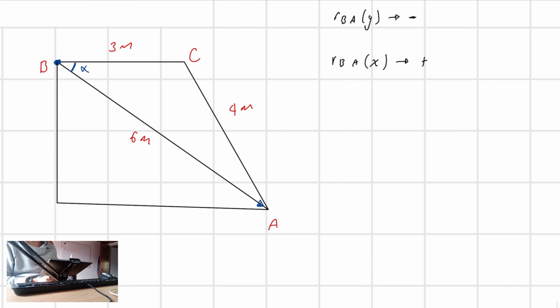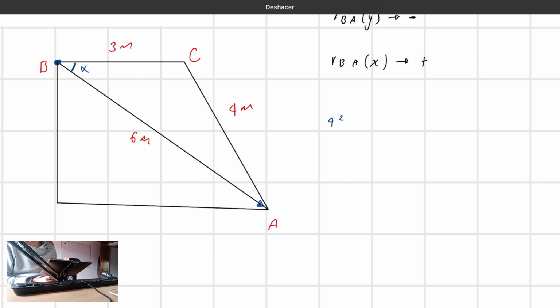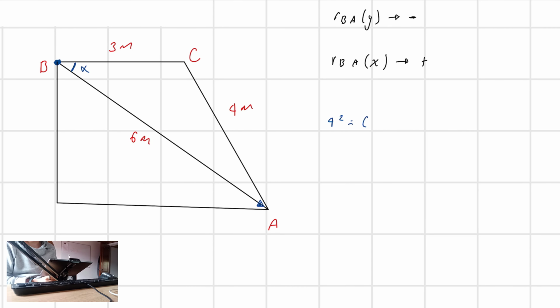Now 4 squared is going to be equal to 6 squared plus 3 squared minus 2 times 3 times 6 multiplied by the cosine of alpha.